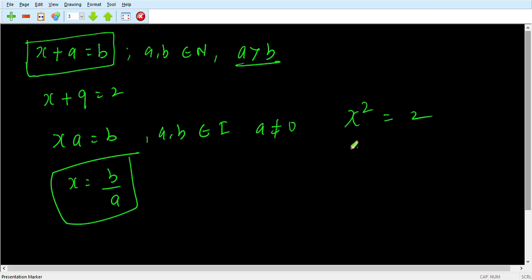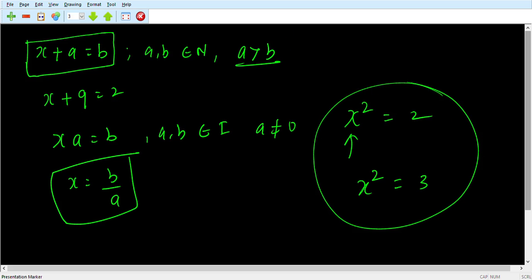You will not even get a rational number whose square gives the value 2. You will not get a single rational number whose square gives you 3, right? So you have to extend your number system from rational numbers to irrational numbers. Once you extend that, you will get the unique solution of this expression.